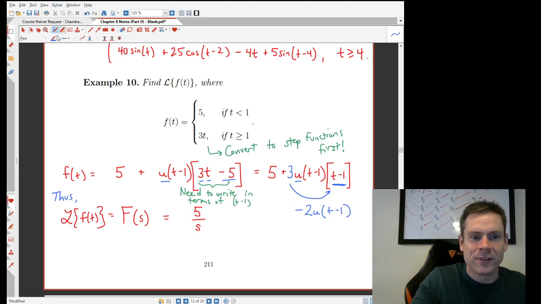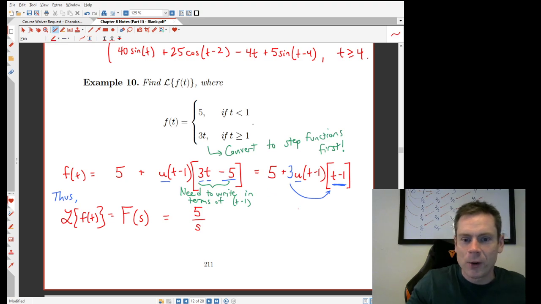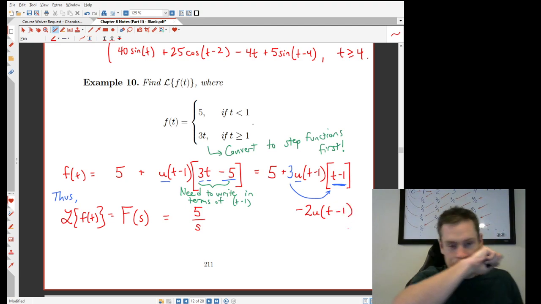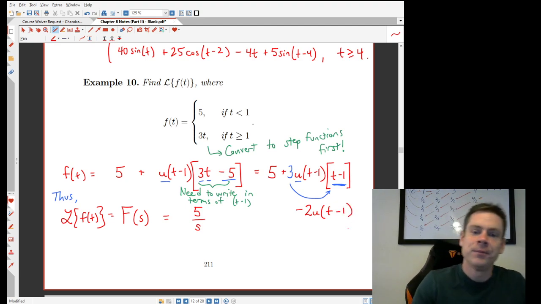But I'm worried that this last piece looks a lot like something else. I'm going to write it in red, just because I'm going to get questions otherwise. So minus, I subtracted off 2 more u of t minus 1s. And that should get me what I need.